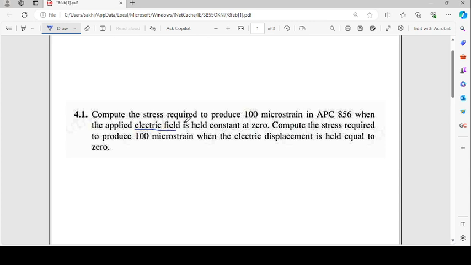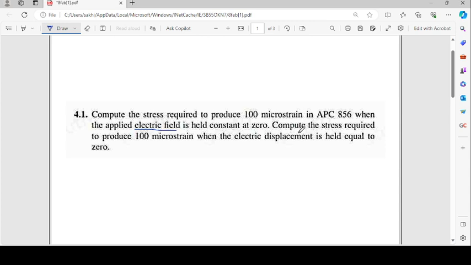So when the electric field is held constant at zero, only at that boundary condition we have to calculate the required stress to produce the 100 microstrain, right?